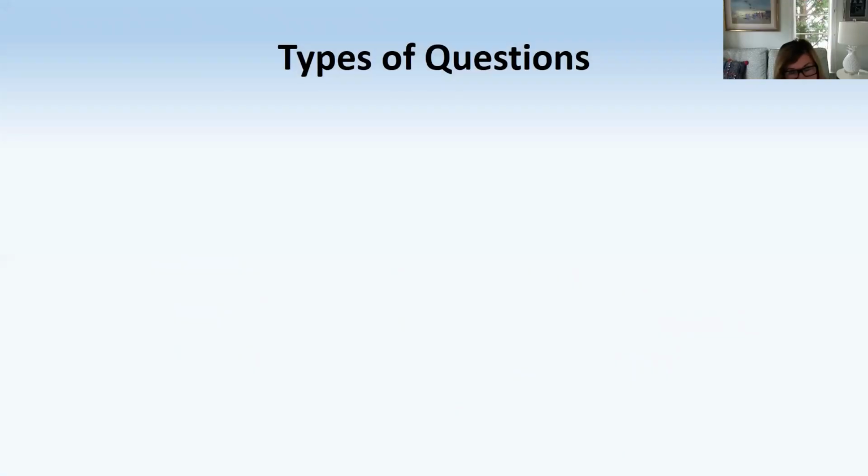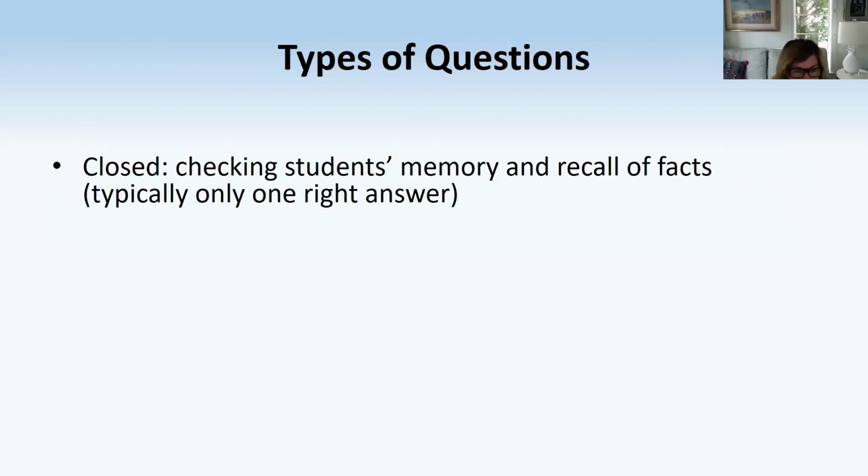So in thinking about types of questions, I've got a couple of different slides to help frame some ideas around the types of questions that you might think about asking, remembering that these are all targeted on the learning goal and success criteria. So closed answer questions, which I'm sure you're familiar with, those that check on students' memory or recall of facts.